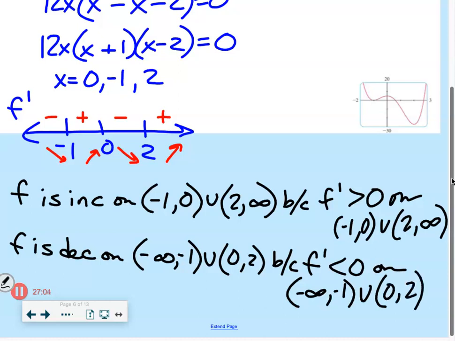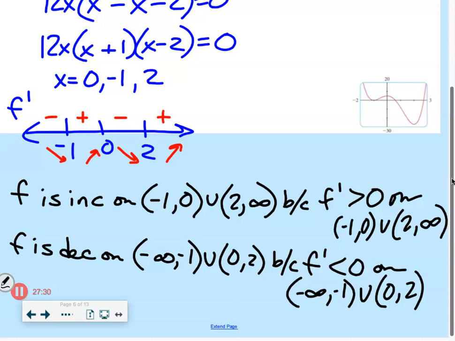When you have multiple intervals, you always separate them with a U. U means union, right? It's the union of those two sets. Another thing to know is that I will always write increasing and decreasing as open intervals. In your book, there might be a case occasionally, and I'm going to show you because we're going to have an example later on, where they might include an endpoint.